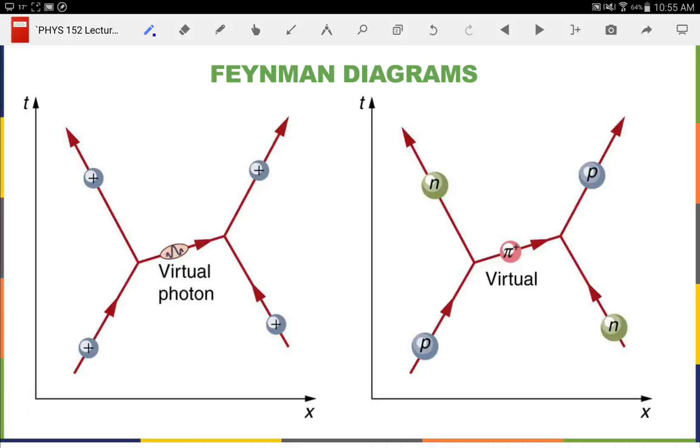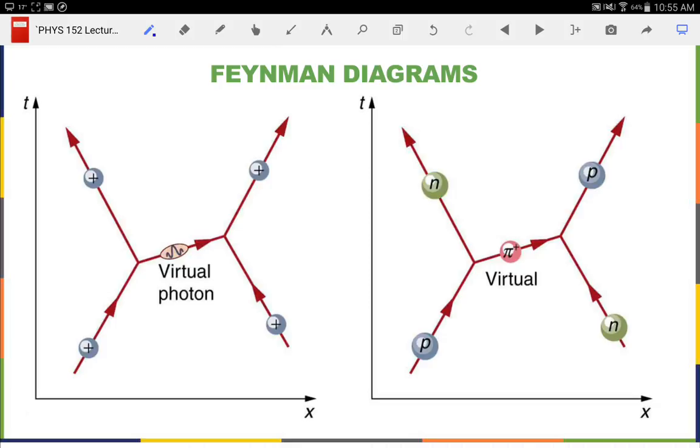Where you have three things meeting together, that's where you're going to do calculations. There's a lot of complicated math that goes into it, but this gives you all the information you need to do the math, except for the knowledge about the math. So that's where its beauty is.